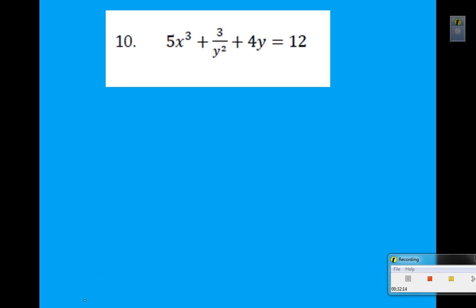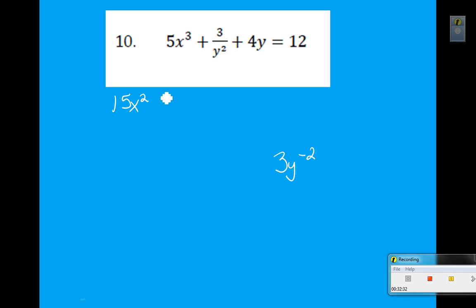Here's my number 10. I got to make it a little bit harder for you, of course. Number 10, the derivative of 5x cubed, 15x squared. The derivative of 3 over y squared, I'm going to think of that as 3y to the negative second.